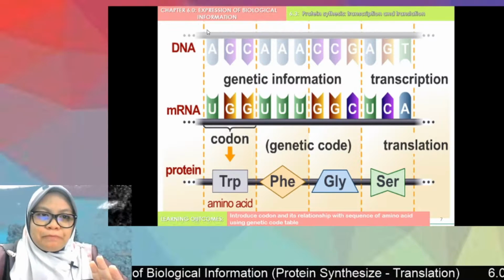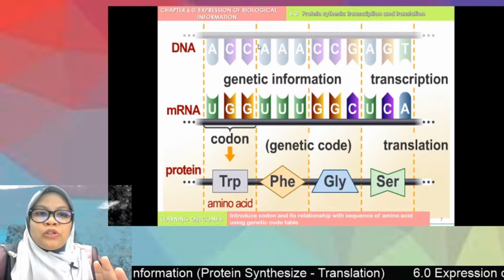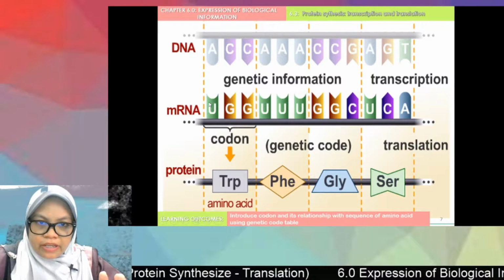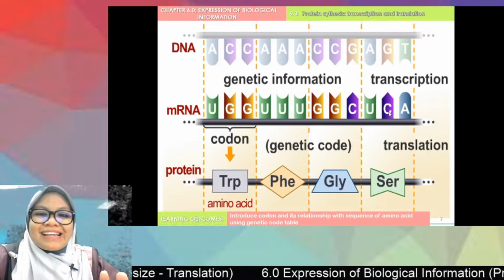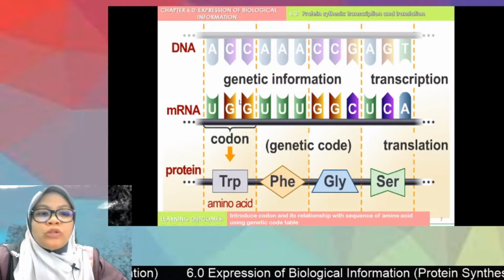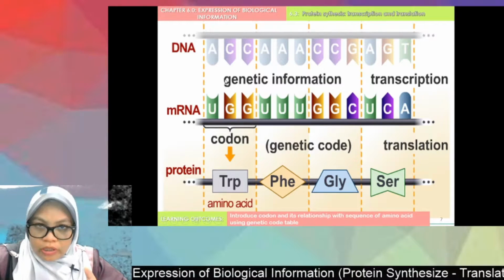Basically, the DNA strand will be used as a template to produce mRNA. So the genetic information from DNA is being transcribed into mRNA. Then, the triplet base in mRNA, we call it codon.